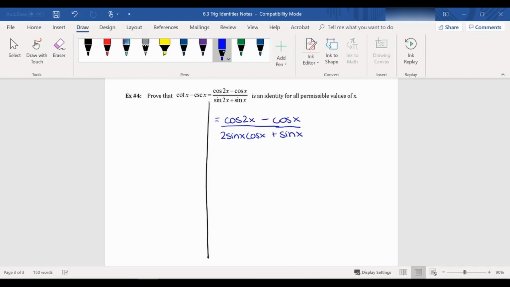So on the bottom, we can see that there's a sine in both the terms. We're going to be able to factor that out. There's our factoring bit, part of it. On the top, part of the problem is that we need to choose which double angle identity we're going to use for cosine. Because we already have a cosine on top, I'm going to choose the identity that uses only cosines.